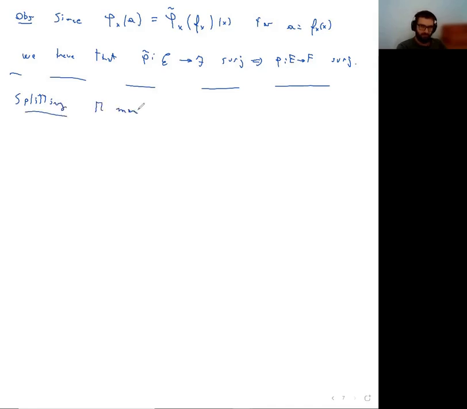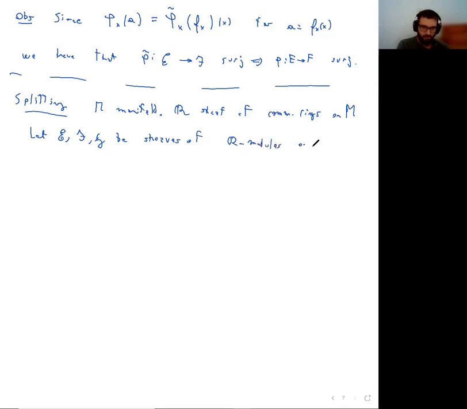So we have a manifold M. We have a sheaf of commutative rings R on M, and let E, F, G be sheaves of R modules on M.